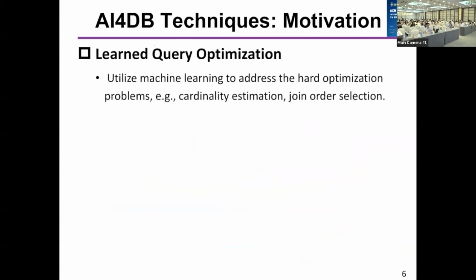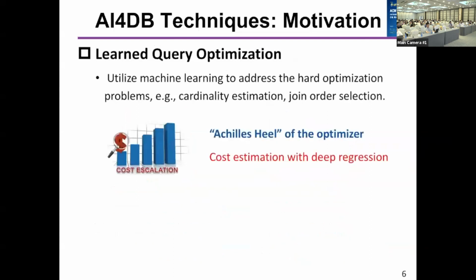The second one is learned query optimization. We can utilize machine learning techniques to address harder optimization problems, for example, cardinality estimation. Traditional methods usually utilize histogram and sketch-based methods. But for multiple columns and multiple tables, it's rather hard because different columns and different tables have correlations, and traditional methods are hard-pressed to capture the correlation.